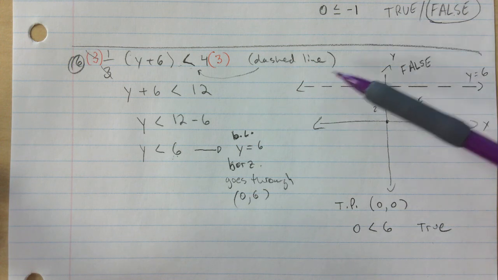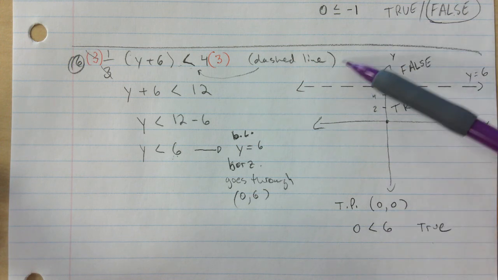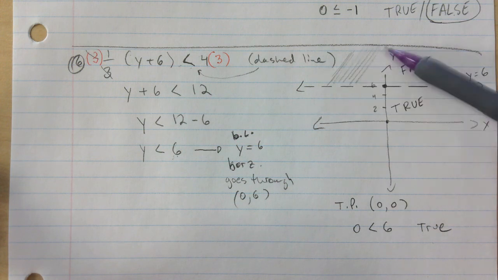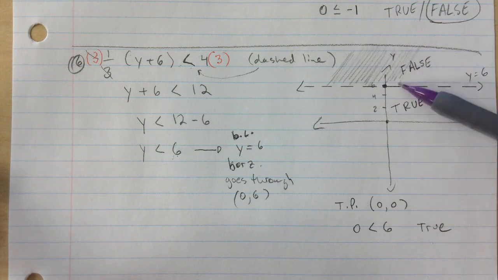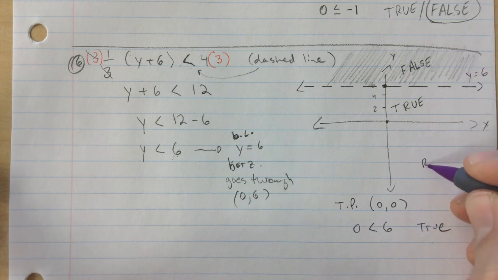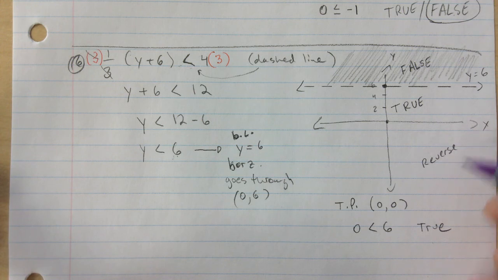Okay, so I'm going to shade in the false region because I'm doing reverse shading. I will make a note of that because you might look back in your notes. I will tell you this, okay?